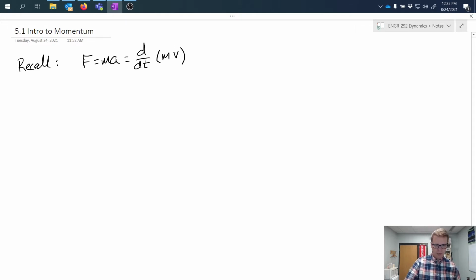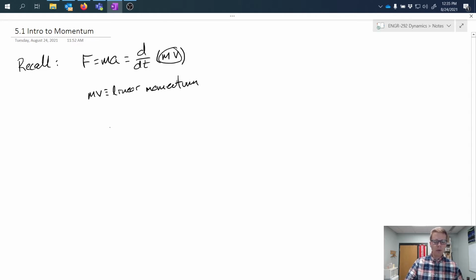Now, this term here, this mv, is specifically linear momentum. So that's the momentum term that we're going to make use of. So we've got this equation now that F equals the time derivative of momentum.